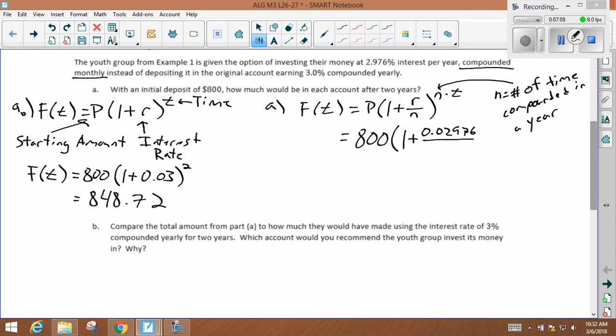All right, so n is 12, right? If it's compounded monthly, then n is 12. And this is going to be 12 times 2.